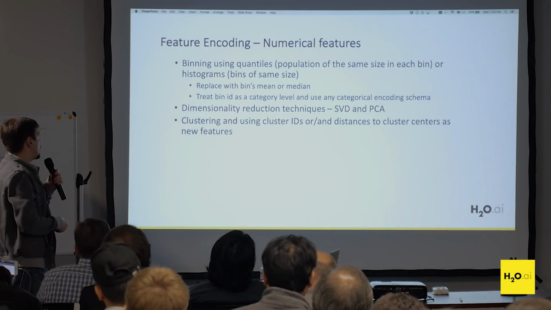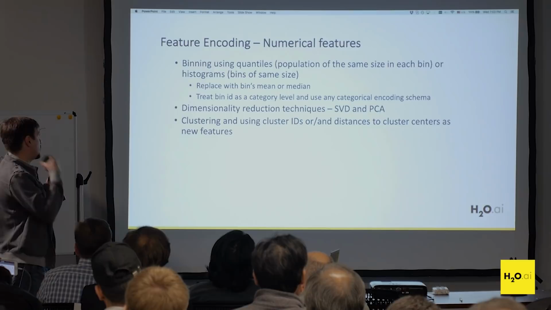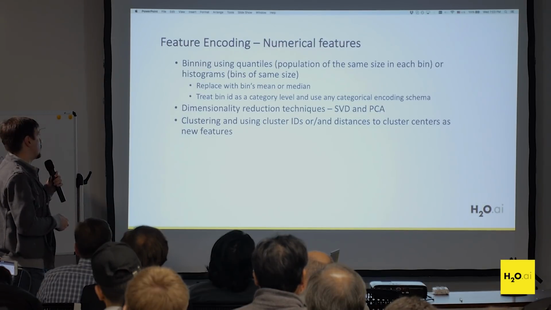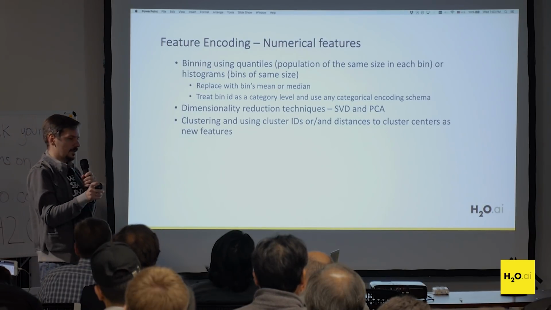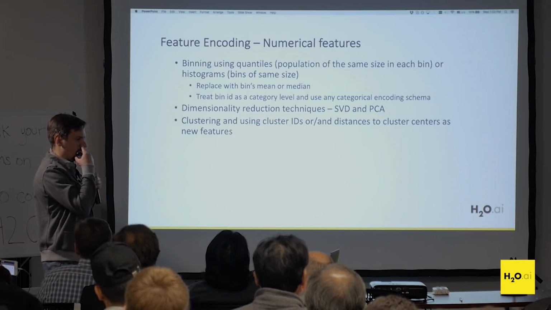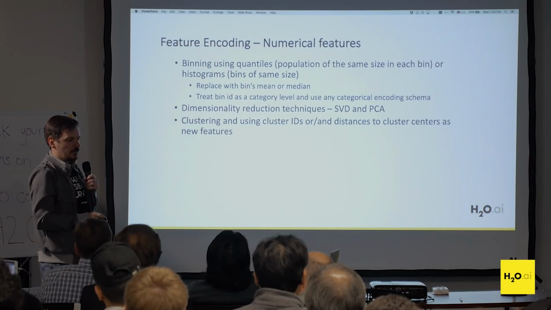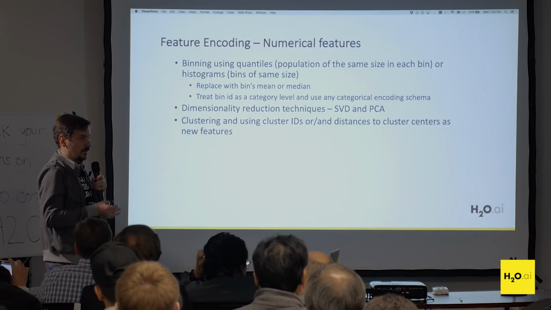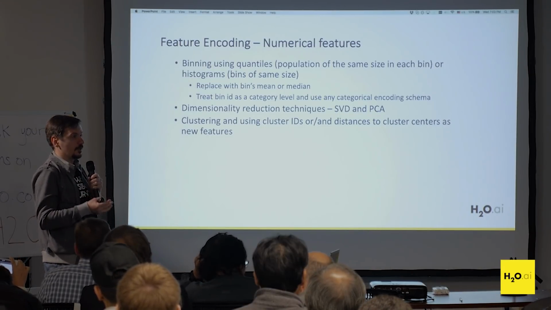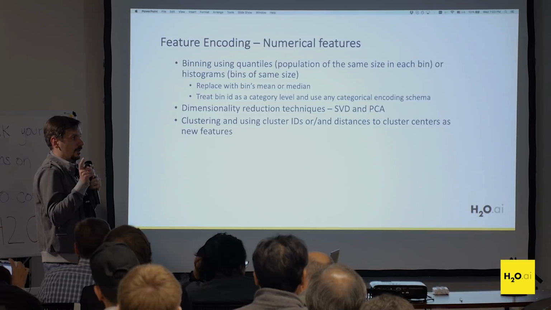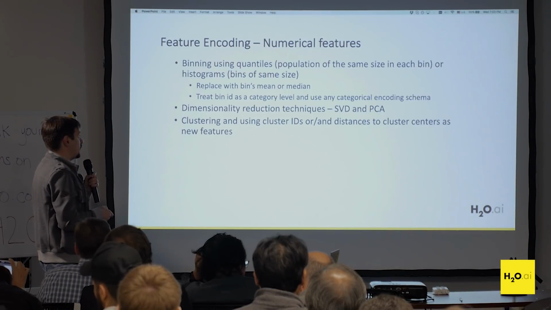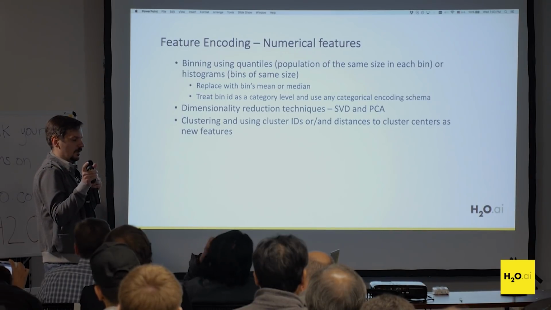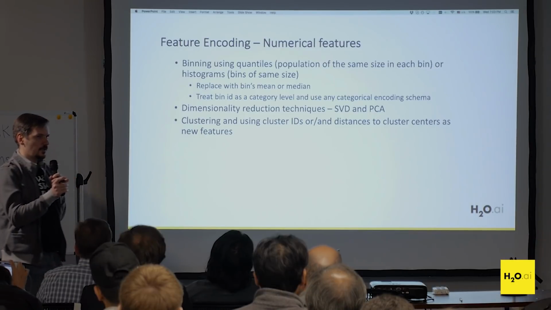Also, you can apply different dimensionality reduction techniques to several numerical features to get a smaller representation of the same features. My intuition behind it: say you have three numerical features. Using truncated SVD, you can reduce them to one single feature.